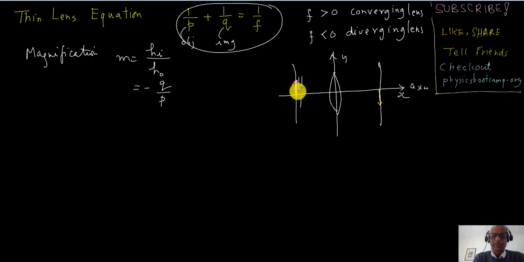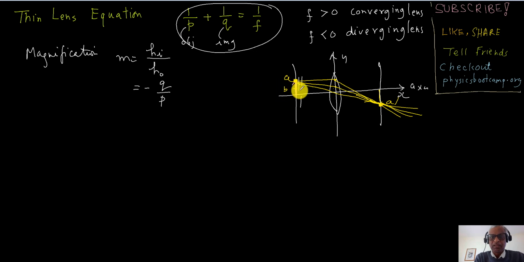If you take a point here, all rays that come from this point converge. And of course, if you put a screen here, it's going to be bright over here, but they all continue in space, right? But they all meet. If this is point A, this will be A prime.